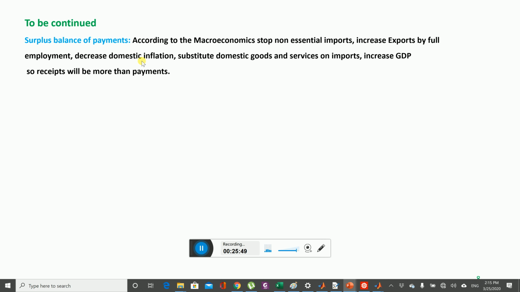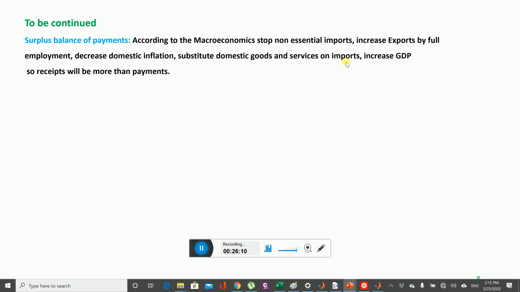Decrease domestic inflation. When internal prices are low, domestic people will purchase domestic goods and services, and foreigners will also purchase your goods and services, so exports will increase and imports will decrease. Again, there will be a surplus balance of payments. Substitute domestic goods and services for imports.